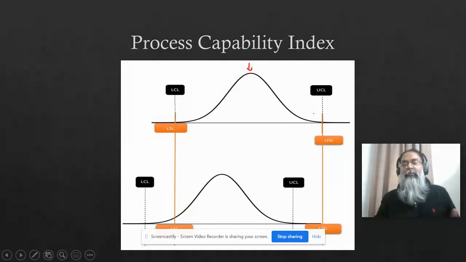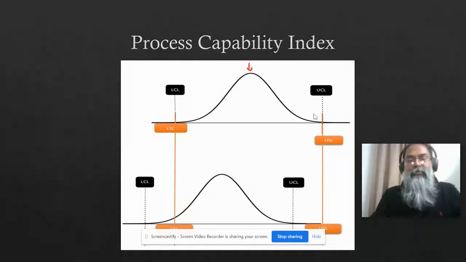So the width of the process and the width of the customer specification limit are the same, and in this case, we can say the process is capable. Is the process within the customer specification limit? Yes, it is within the customer specification limit too.